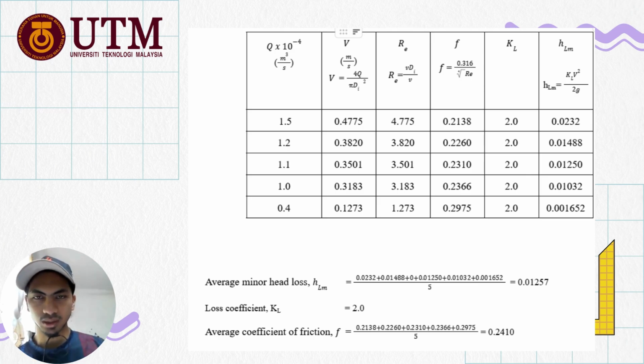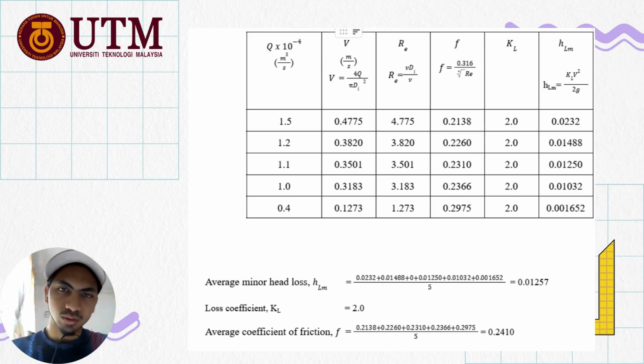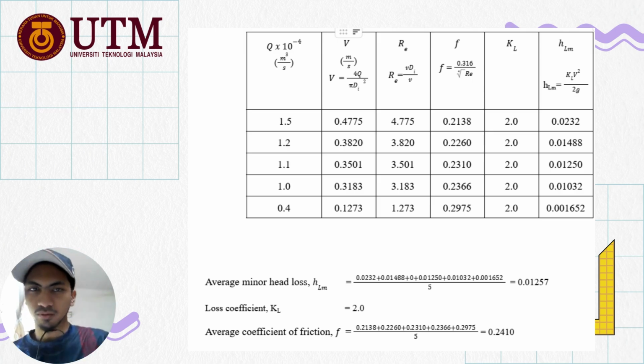For the T type and Y type, we calculate just one V because there is no different diameter, so no different velocity. After that, we can find the RE, friction, KL, and HLM. So we must find the average minor head loss, loss coefficient, and average coefficient of friction.